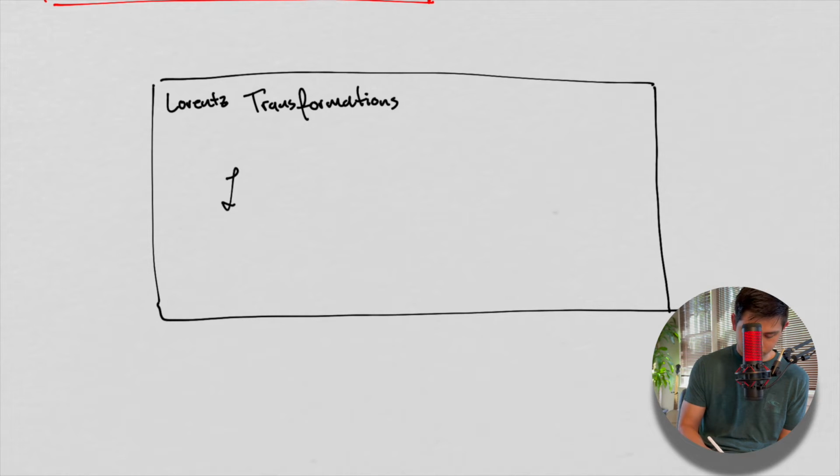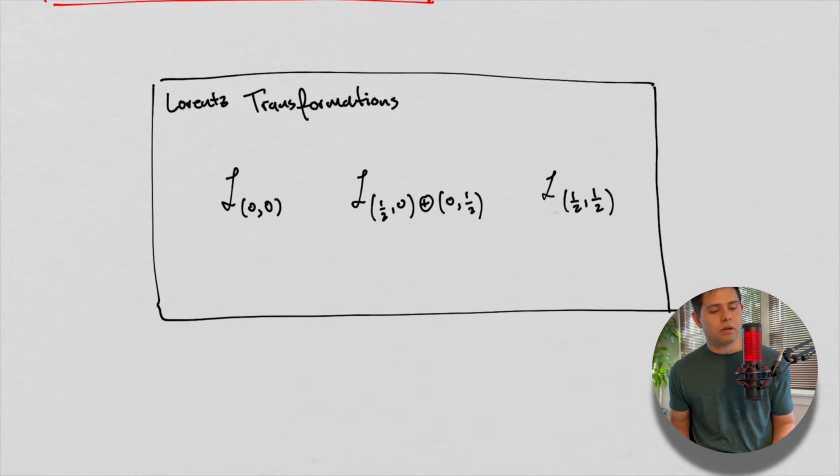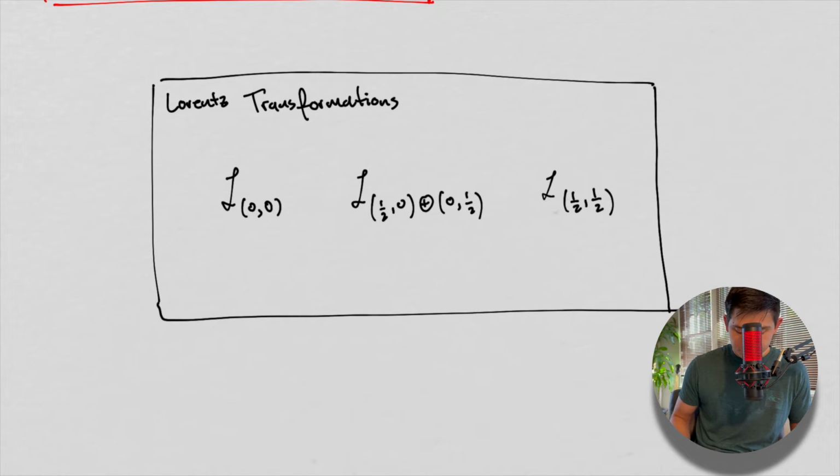So we have a (0,0) Lagrangian. We have a (1/2,0) Lagrangian and a (0,1/2), like this, and then we have a (1/2,1/2) representation. An interesting thing here is we could ask the question, are these Lagrangians really one and the same thing?